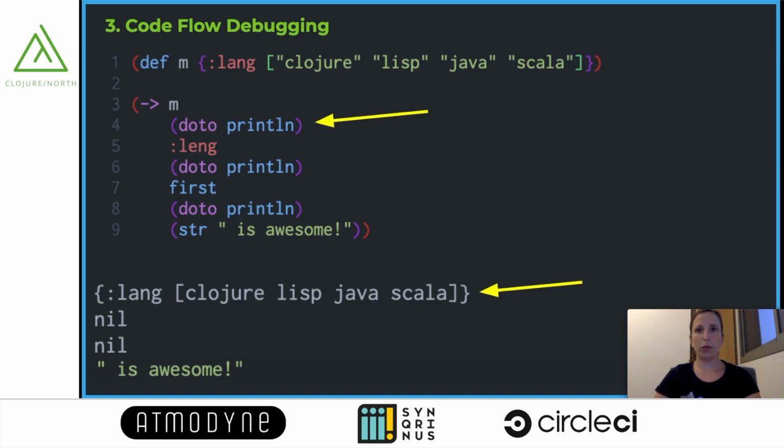So let's see. The first doto will print the map. The second doto will print nil, which is weird because I expect to get the whole vector of the languages. But then when I look at it, I see that I have a stupid typo. It's a stupid error and a stupid example, but those kinds of errors happen all the time.